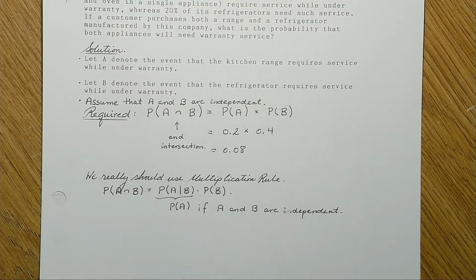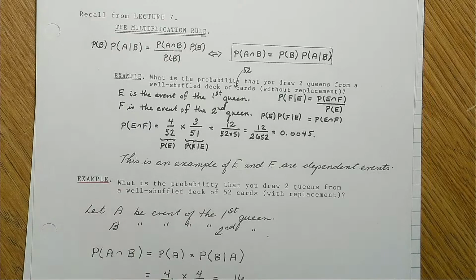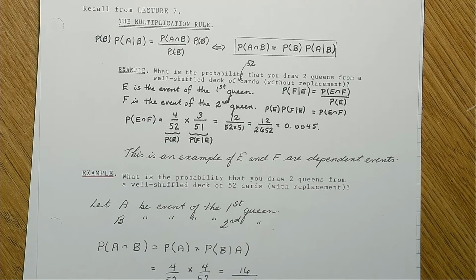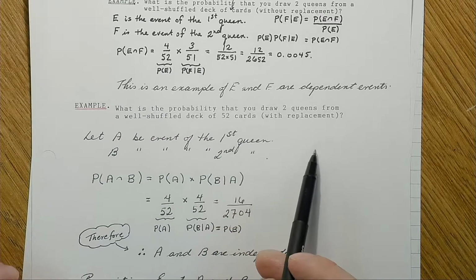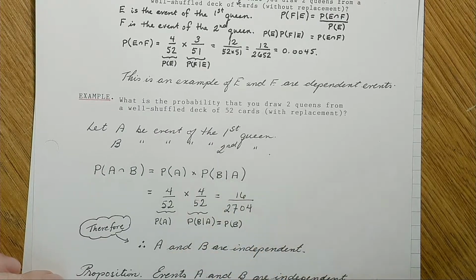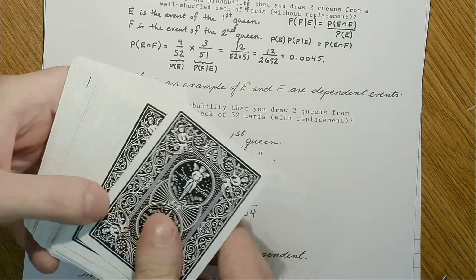Like you saw over here, when we were looking at the cards, if you're drawing two queens from a deck of cards with replacement, basically it means that the deck doesn't remember what you did.